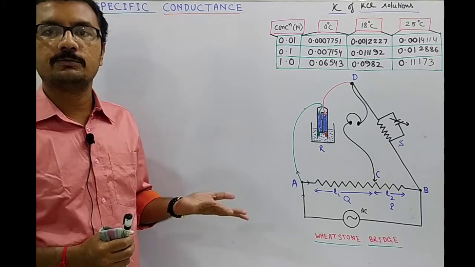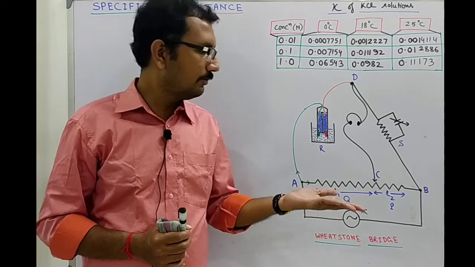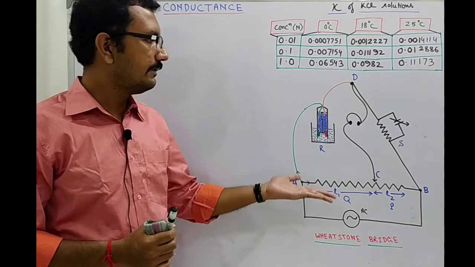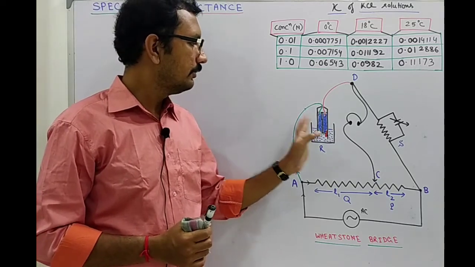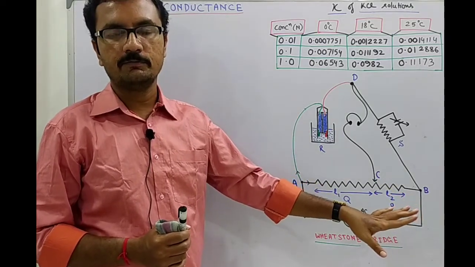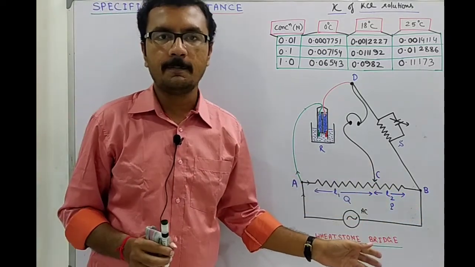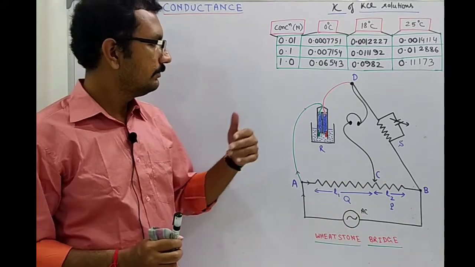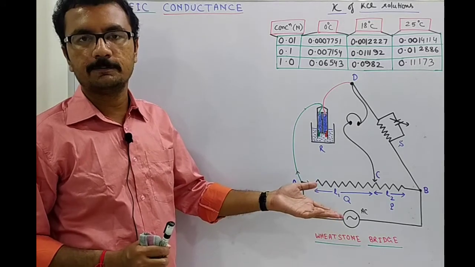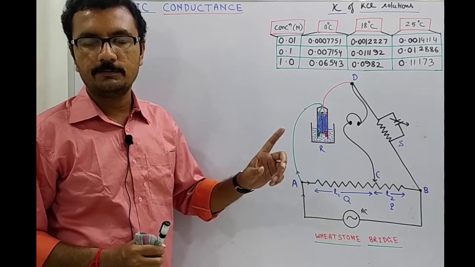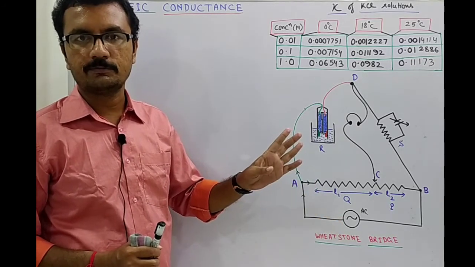Then what will you do? You have to exchange it or throw it in the dustbin, say that it is of no use, and you go to the teacher and ask for another conductivity cell. Will you do this? No.